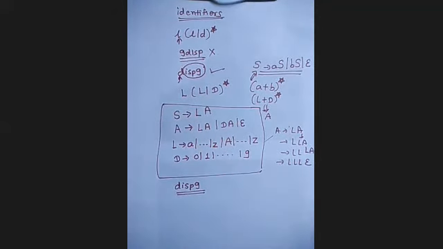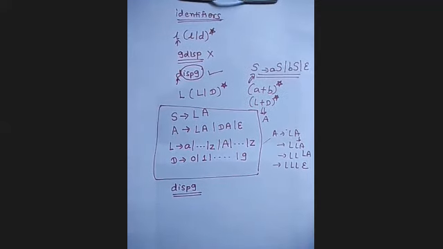Are the rules clear? Rules for the identifier? So we'll derive DISP9 now. Okay, so he'll tell me the derivation for this.